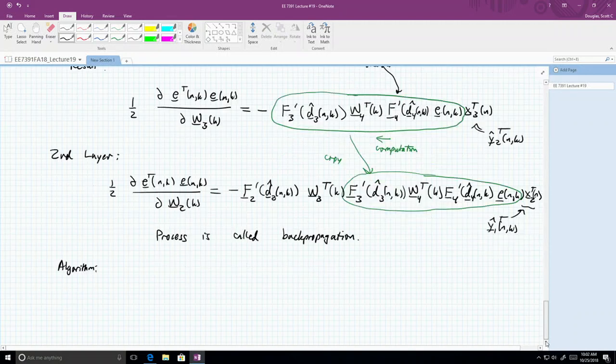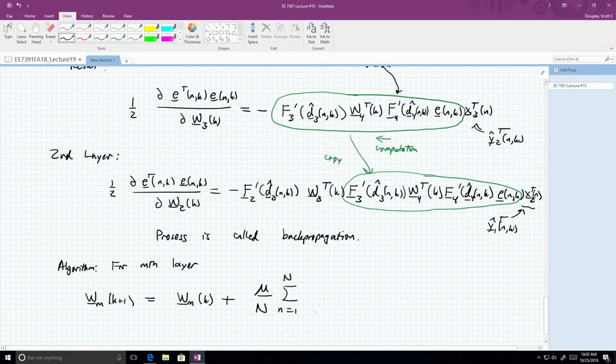Well, we can now write it in all its glory. We have Wm of k plus 1. This is for the mth layer. Wm of k plus 1 is equal to Wm of k, just like what we normally do in LMS, plus mu over n. We have the sum over the data. And then what we have is a product series.